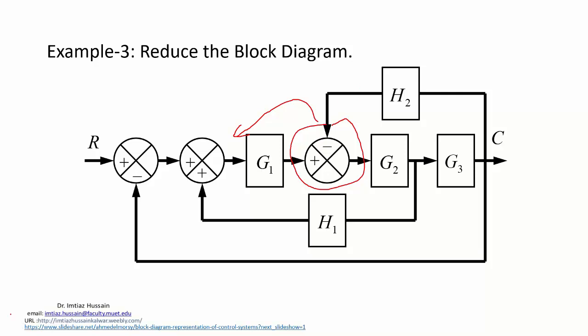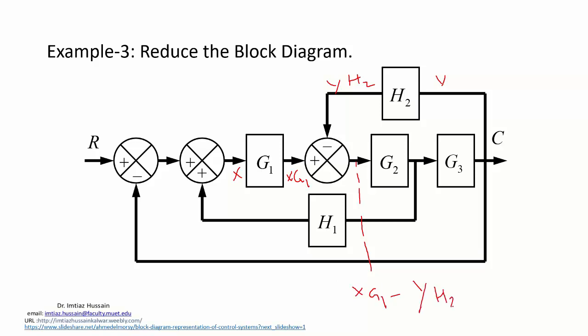So again, you don't need to remember the rules. An easy way to understand is if you assume this as x, this becomes xg1. If you assume this as y, this becomes yh2, and the signal that you get at this particular point is xg1 minus yh2.